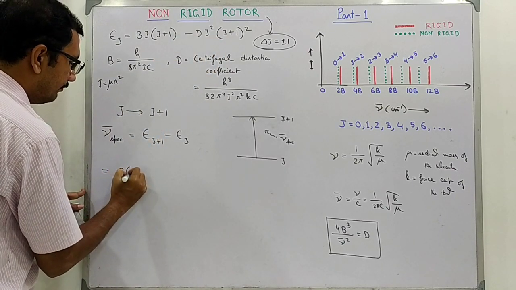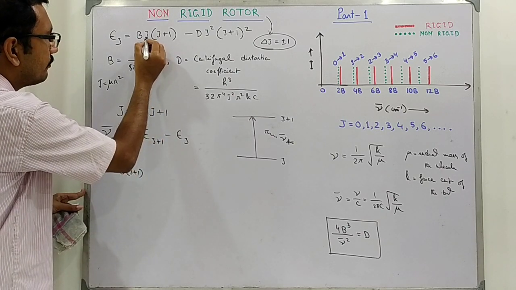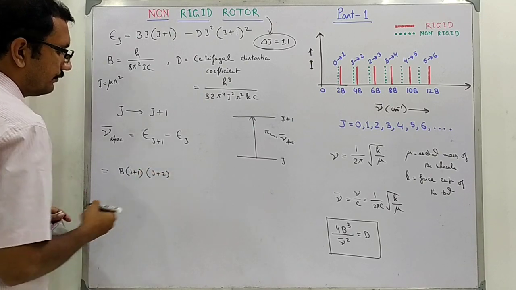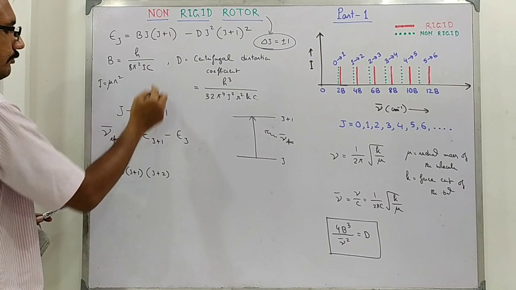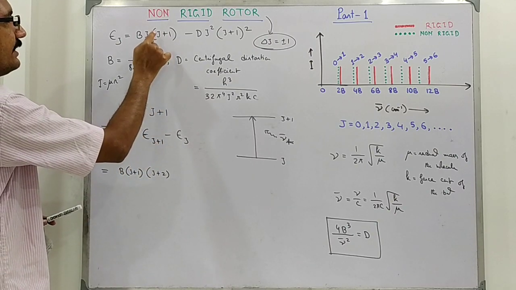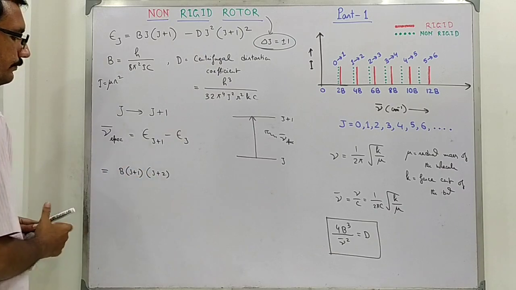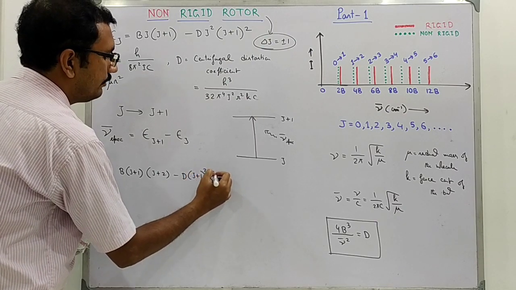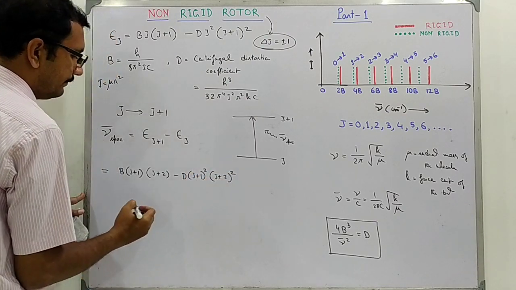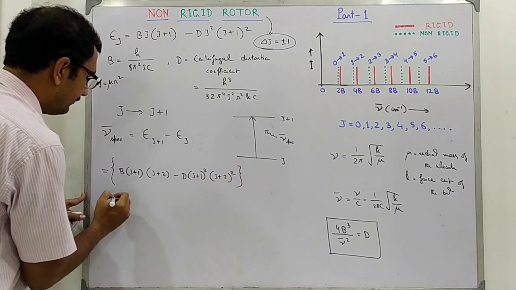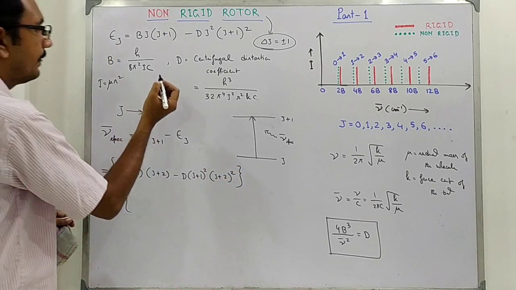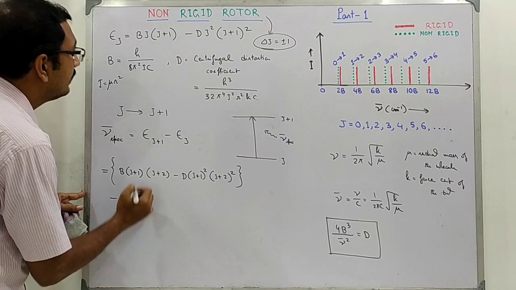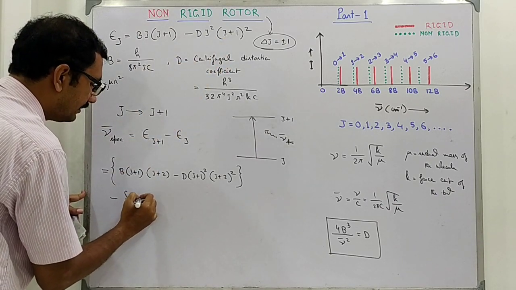So, it will be B into, in place of J we put J plus 1, so it will be J plus 1 plus 1, that is J plus 2, minus D into J plus 1 whole square into J plus 2 whole square. This is the first part. It is minus here, and the next part is exactly this expression.